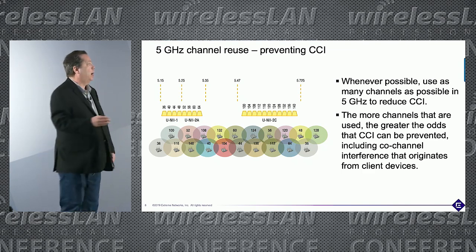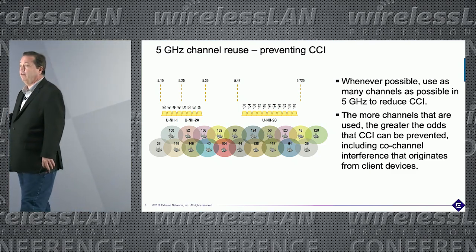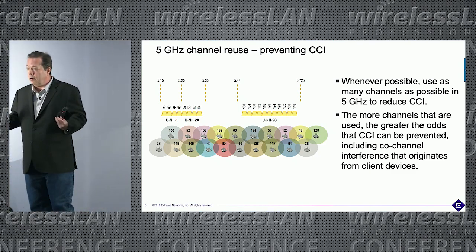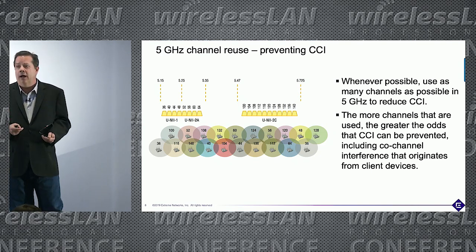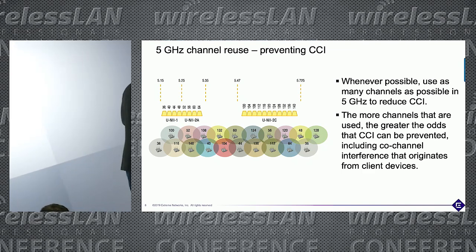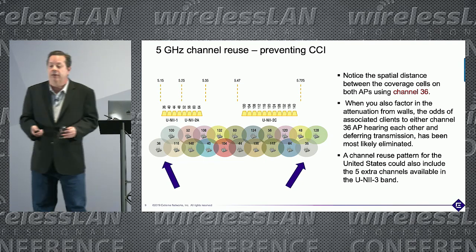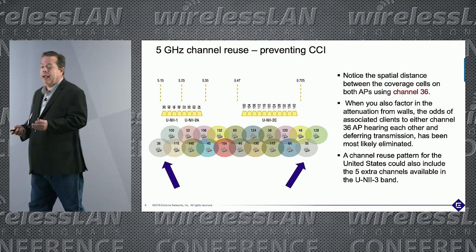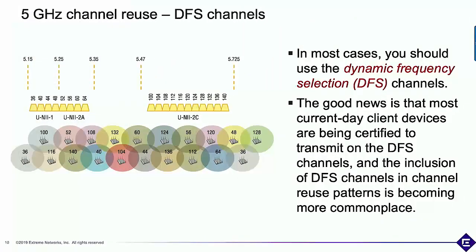So if you're using all the DFS channels, the bulk of them, and you don't have your APs cranked up at full power, you can probably prevent CCI or at least limit it, okay? But you need the DFS channels, other than just having Uni 1 and Uni 3.